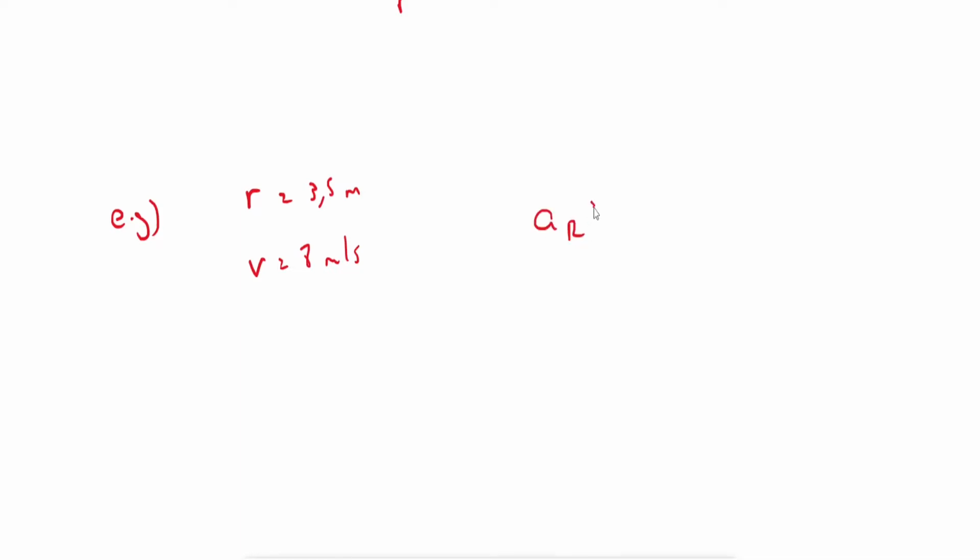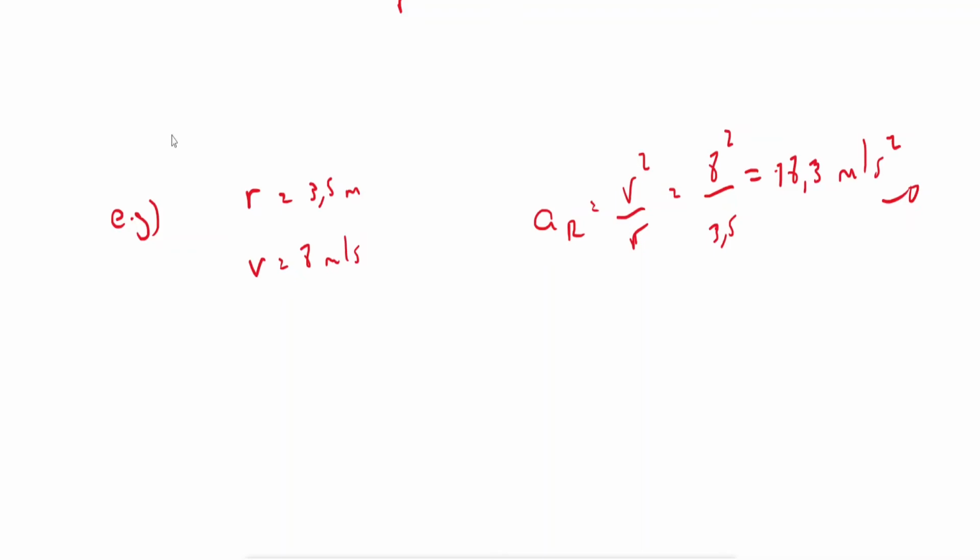You can find the radial acceleration, which is just v squared over r. This is just going to be 8 squared over 3.5, and that is going to be 18.3 meters per second squared. Because this is acceleration, it's going to be meters per second squared.